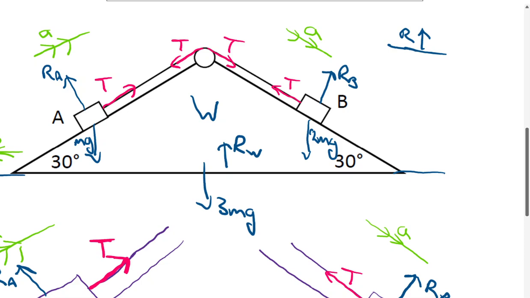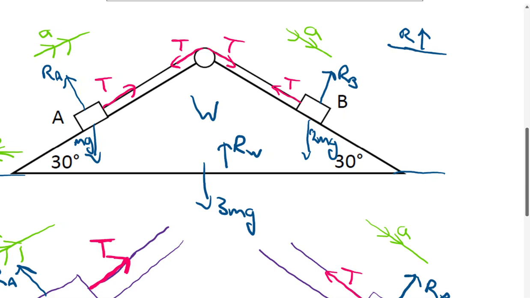And A is pushing onto the wedge, so A is pushing to the right and down. And B is pushing, well, twice the amount down and probably twice the amount to the right. I think that's what it is, but we'll figure that one out.